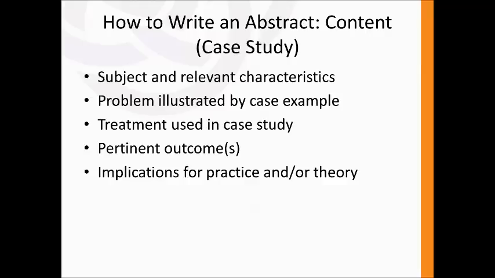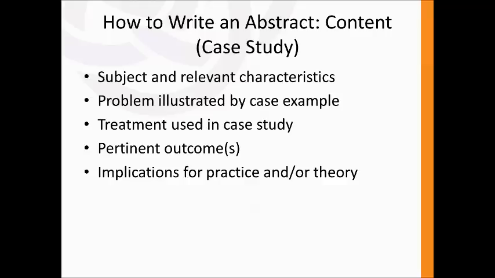Now, the pertinent outcomes are obviously something that you'd want to talk about. Depending on how effective the treatment was, you would have identified meaningful outcomes and whether or not there was improvement, and describe the nature of the improvement. So it can be quantitative or qualitative. And then finally, the implications for practice and or theory. Now you have to hedge this a little bit with case studies because they are individual cases.